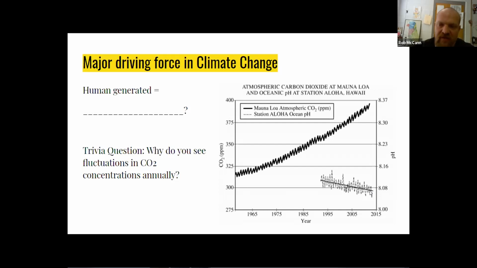do a poll there, Lou. If pH levels are going down, does that mean that the ocean water is becoming more basic, A, basic, or B, acidic? So if pH levels are going down, is it becoming more acidic or more basic? A is basic and B is acidic.